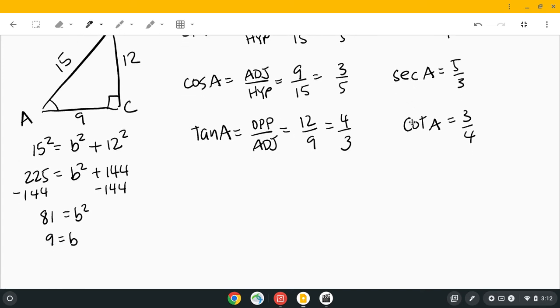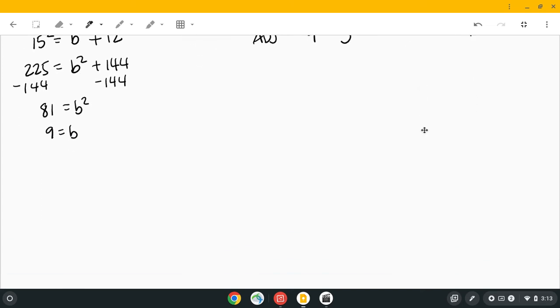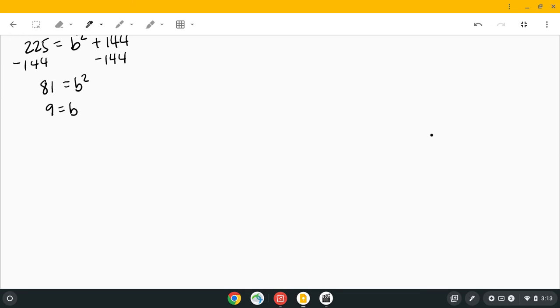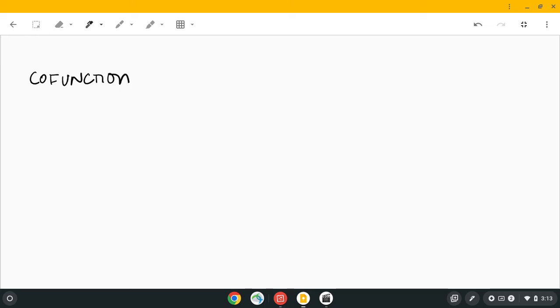Okay, so a little theorem here about cofunctions. What are cofunctions? So first, before I bring up the theorem, cofunctions. Okay, so turns out sine and cosine are cofunctions.